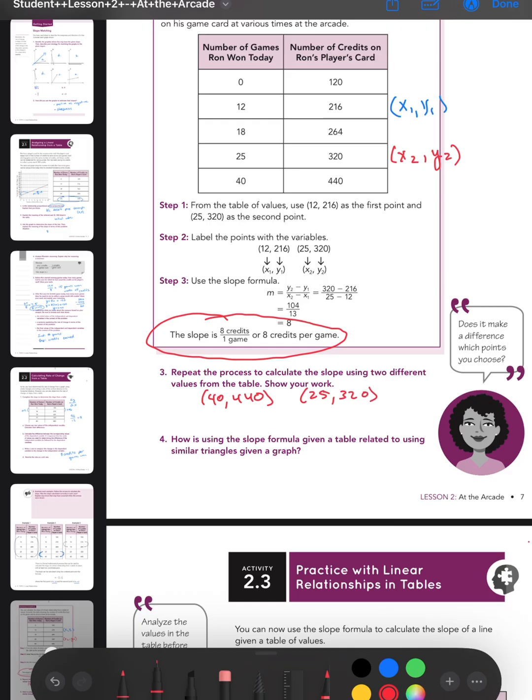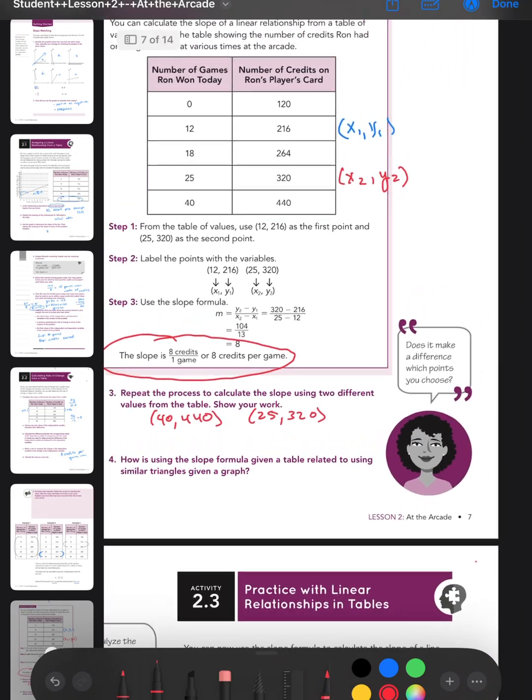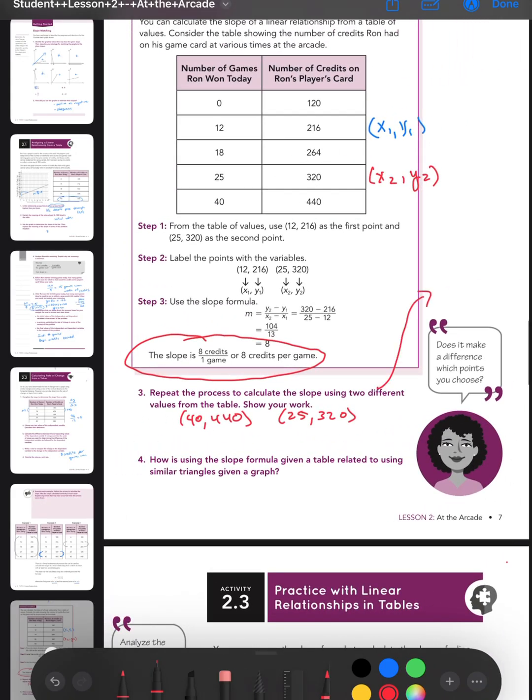I'll do it up here in this space. I'm going to call these my x1, y1, x2, y2. Remember, it doesn't matter which point you call first and second as long as your x1 and y1 are together. So 440 minus 320 over 40 minus 25.